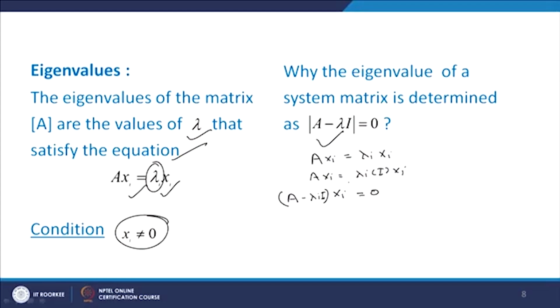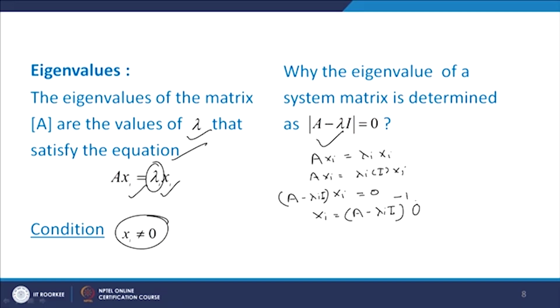So for that purpose we have taken the same equation and solved it. Now how to move further? Here xi equals the inverse of A minus lambda I times 0.